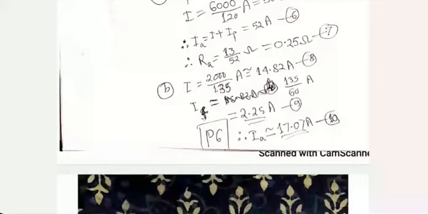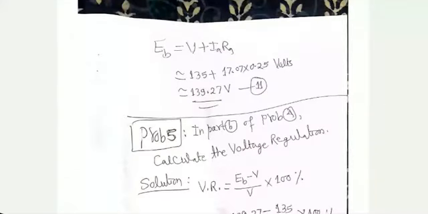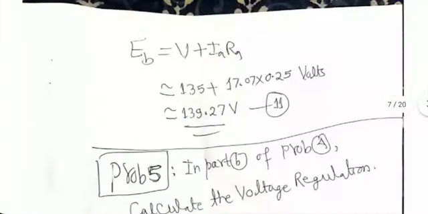IF would also change because terminal voltage has changed to 135 volt. So now it becomes 2.25 amperes. Total of I and IF gives you IA around 17.07 amperes. And then you use the well-known equation to calculate EB. It turns out to be 139.27 volt.